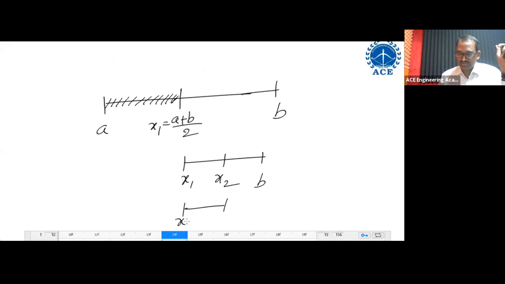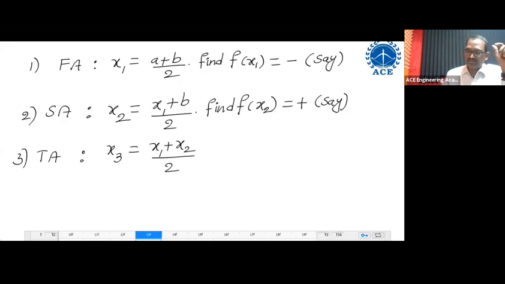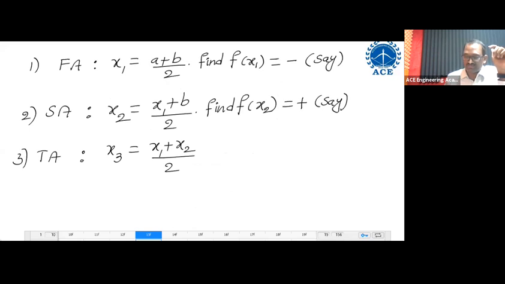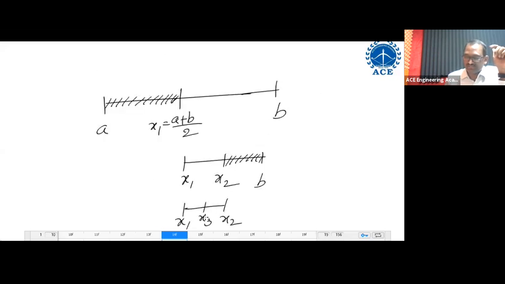Once you confirm that the root lies between x1 and x2, the next approximation is the average of x1 and x2, denoted by x3.